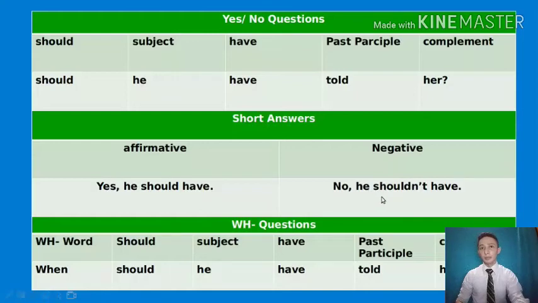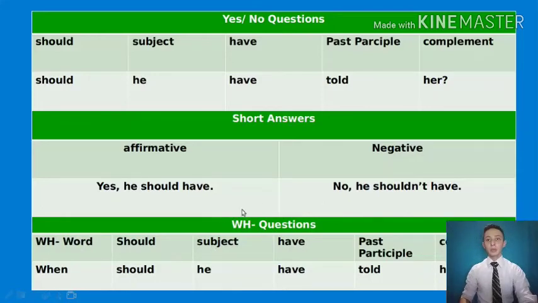Or for negative, no, he shouldn't have. For WH questions, we have the structure here: WH word plus should plus subject plus the verb in past participle plus the complement. When should he have told her?